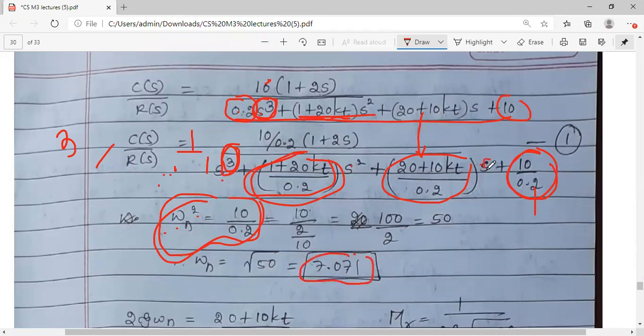And as I said, the coefficient of s, just like the earlier case, will also be similar to 2 zeta Wn. If you take the third order equation, the coefficient of s will be 2 zeta Wn.